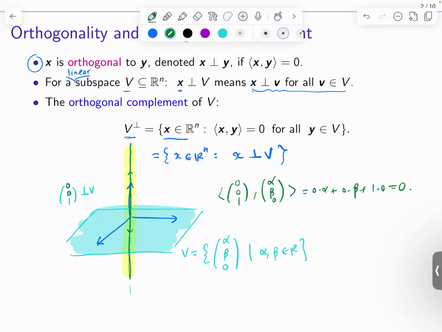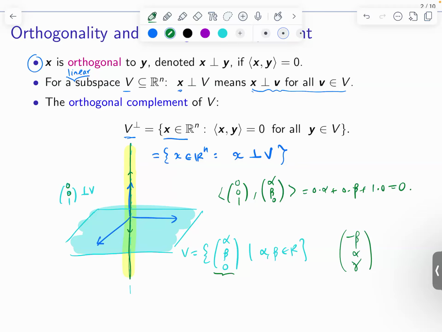So any other vector that is perpendicular, or orthogonal, to V? Anything else? Yeah. A vector with the first entry being negative beta, the second entry alpha, and the third entry gamma. So this vector is orthogonal to this particular one, right? But it's not orthogonal to V, right?